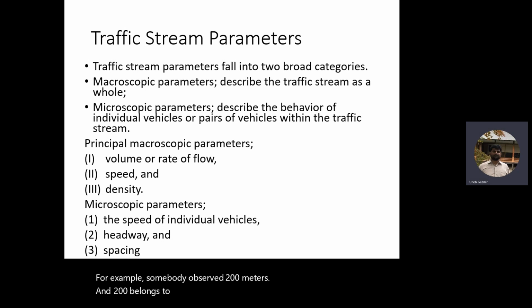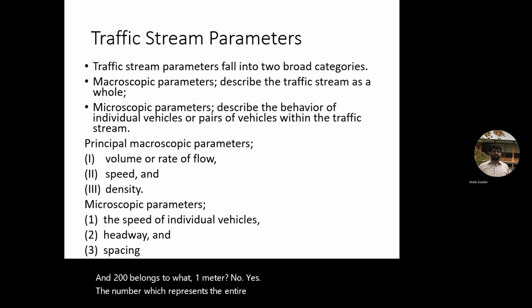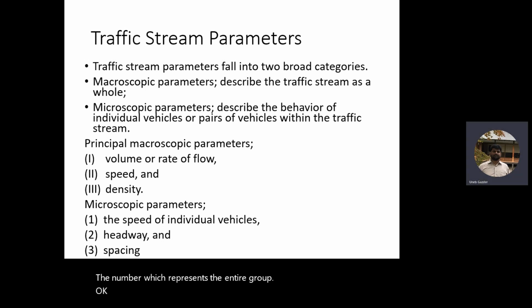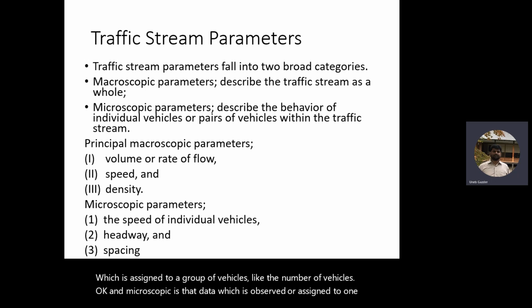One vehicle? No. The number which represents the entire group. So that number we call flow of vehicles, and it is considered macroscopic. Macroscopic is that data which is assigned to a group of vehicles, like the number of vehicles. And microscopic is that data which is observed or assigned to one or two vehicles.